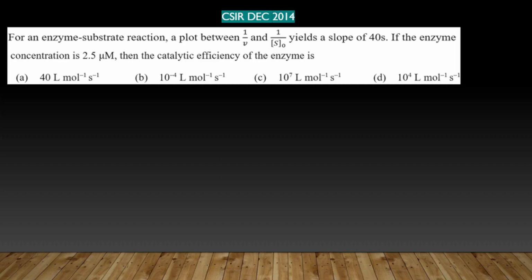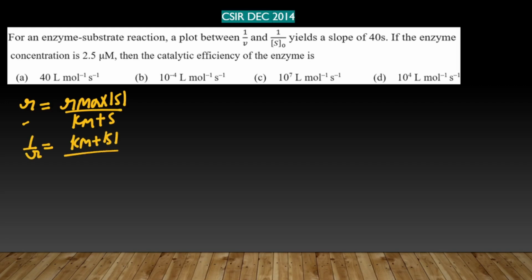So again, for the enzyme catalyzed reaction, the rate we have is R is equal to R max into S upon Km plus S. 1 by R will be equal to Km plus S upon R max into S. So we can write it like this: 1 by R is equal to Km upon R max into S plus 1 by R max.